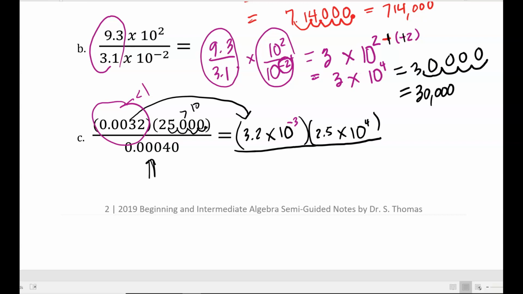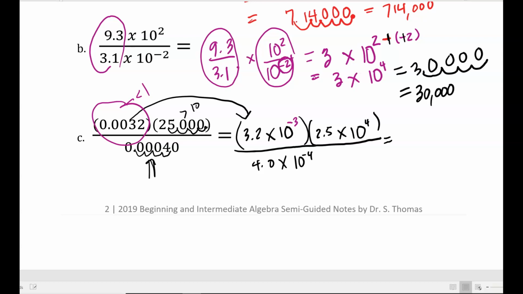Well, it looks like we're going to have to move that decimal 1, 2, 3, 4 places to the right. But would it be negative 4 or positive 4? Didn't write that right. Negative 4 or positive 4? So if you said negative 4, you are right.